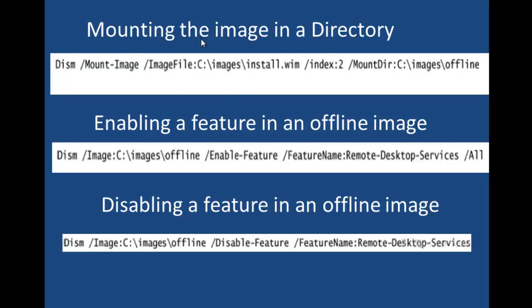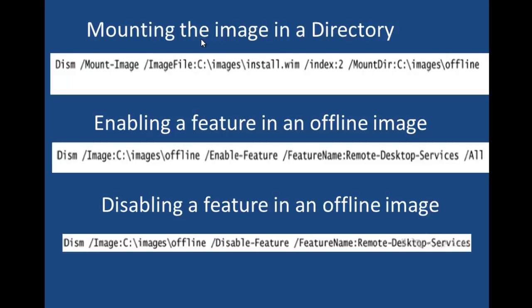We need to actually mount that image. What do we mean by mounting the image? If you have a zip file, you're not able to see what's in the zip file until you extract the data. Well, mounting the image is something like that.